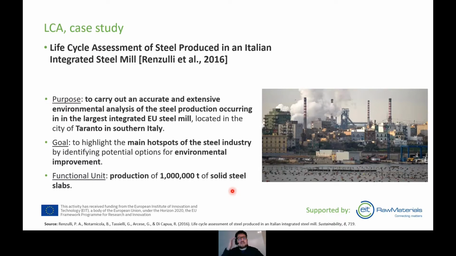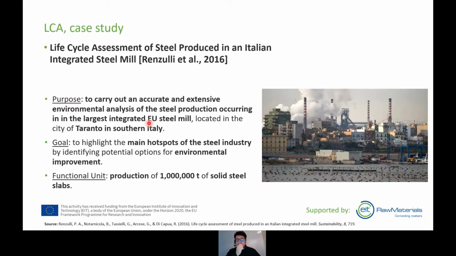It is the life cycle assessment of steel produced in Italy in an integrated steel mill, published in 2016. The purpose was to analyze, in a really extensive way, all the different environmental impacts of a real plant located in South Italy, in Taranto. It is really well known because there is a lot of pollution and some conflicts with the population that lives close to the area.